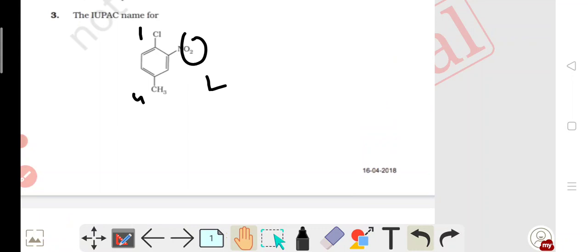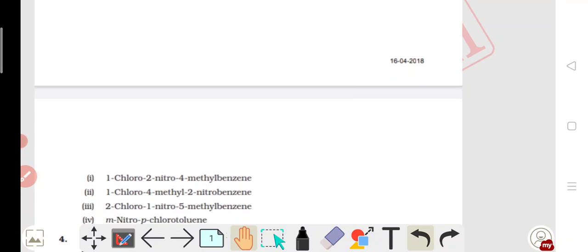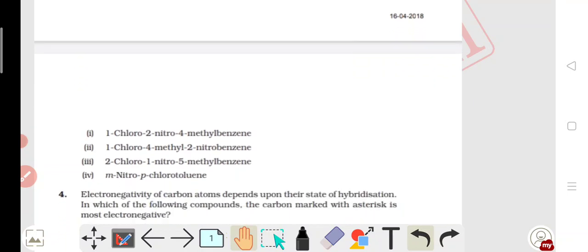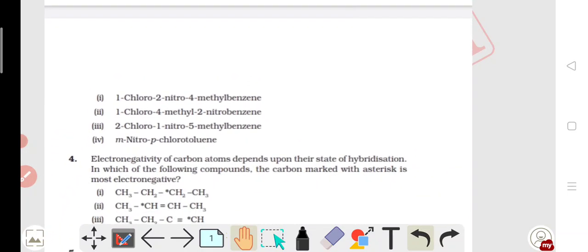Nitro comes after methyl, because in alphabetical order M comes first, then N. So go to option 1-chloro. Here options 1 and 2 are given, such confusion has been put in the question. So here in option 2 there is 1-chloro, 4-methyl, 2-nitro, benzene. So my option 2 is correct for question number 3.